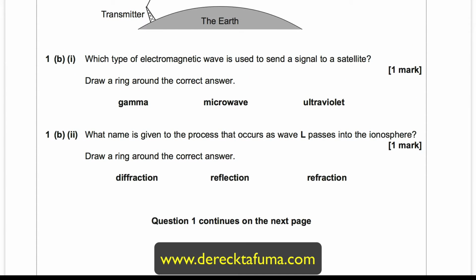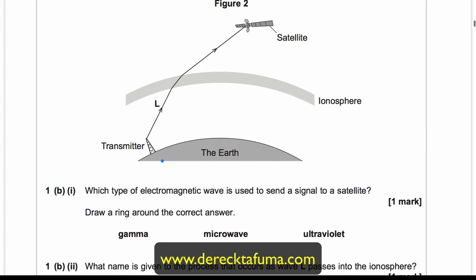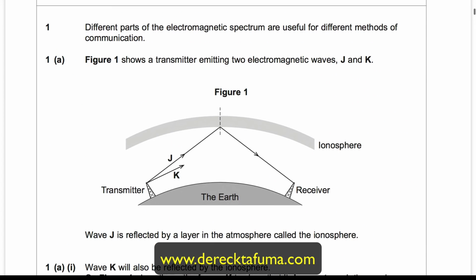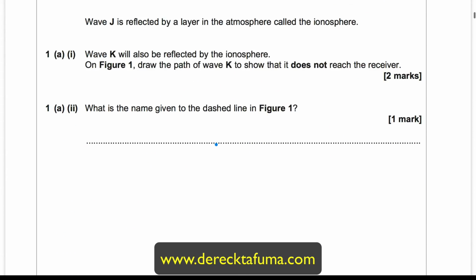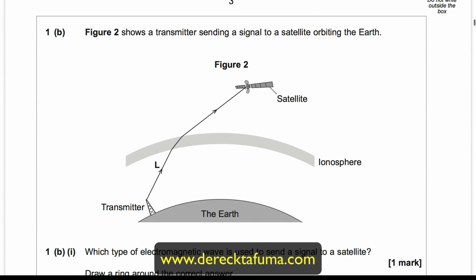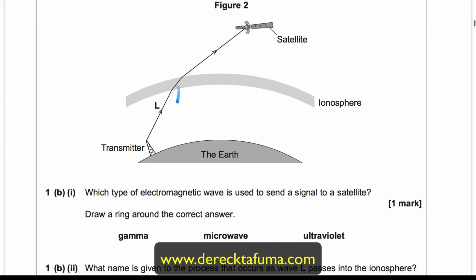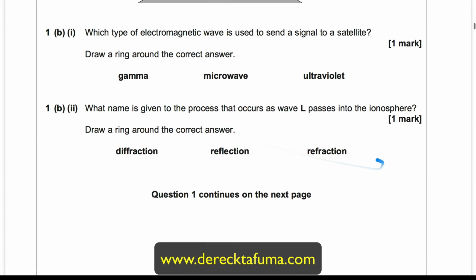Now, when it's passing through the ionosphere, it's different from when it's being reflected. So here it's being reflected, but here it is being refracted. So the answer to that is refraction. So it undergoes refraction.